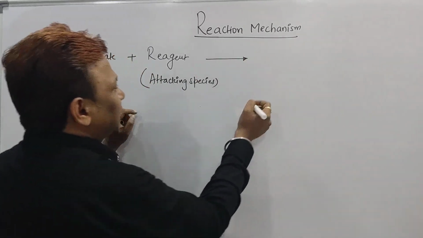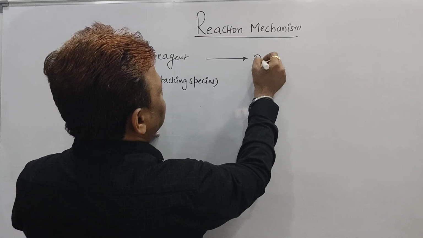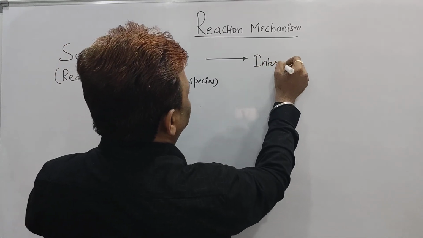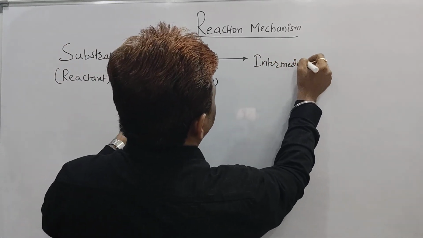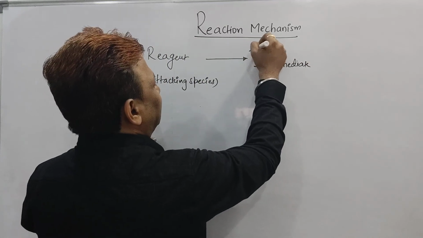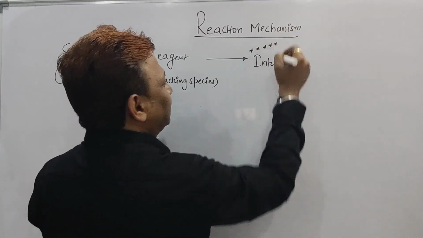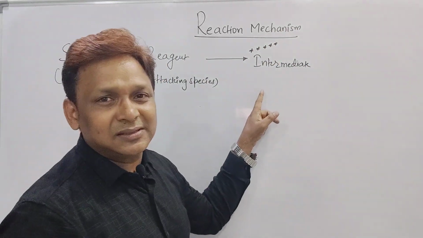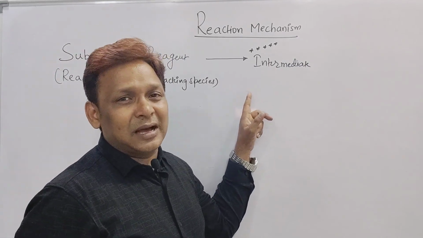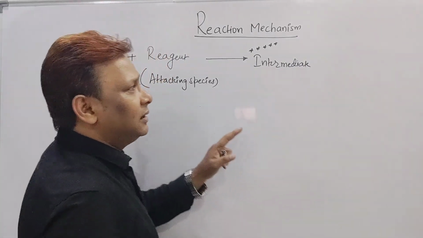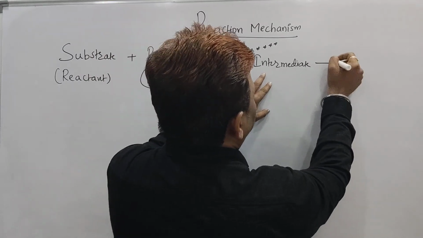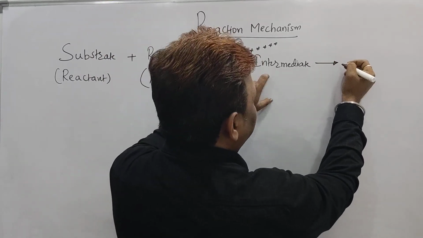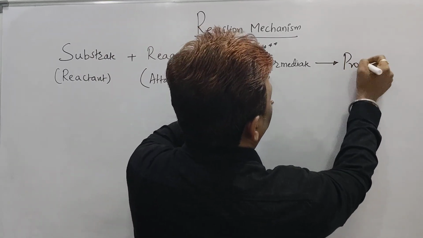But actually it doesn't give the product directly. Initially it will form an intermediate. We have to see that in detail. What are the intermediates? Maybe carbocation, carbon free radicals, carbanion, carbene, nitrene, everything is an intermediate.